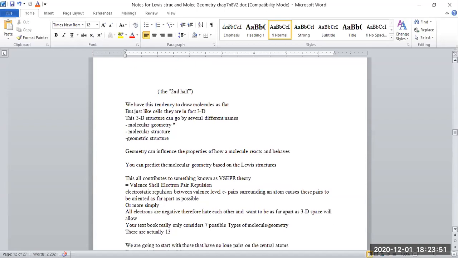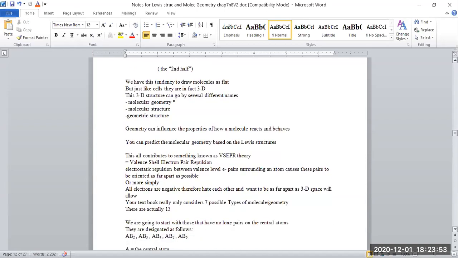All right. Geometry starts out with the Lewis structures. We're going to use something that we call VSEPR theory, V-S-E-P-R. It's one of those weird acronym things, one letter per word: valence shell electron pair repulsion.